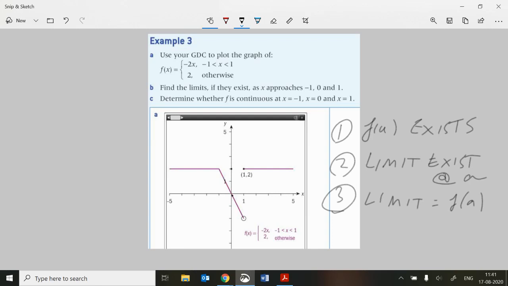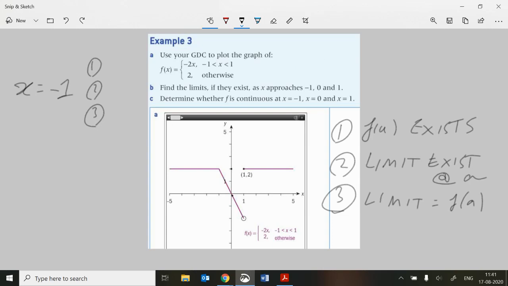Okay, so for the first part here, for when x is equal to minus 1, let's just write down 1, 2, 3, and put ticks and crosses. Well, when x is equal to minus 1, yes, f of a exists because the function is defined for all real values.